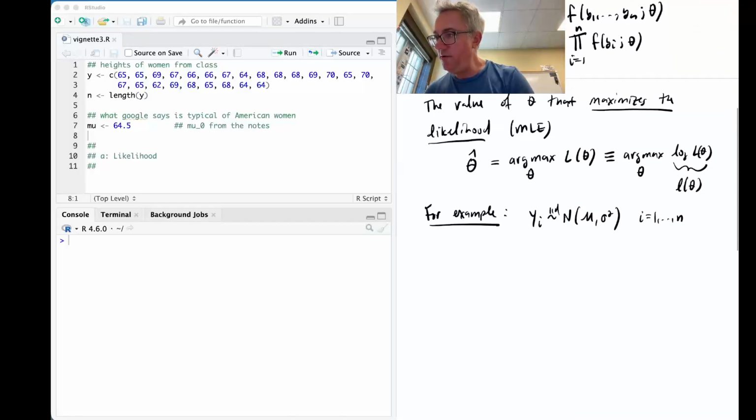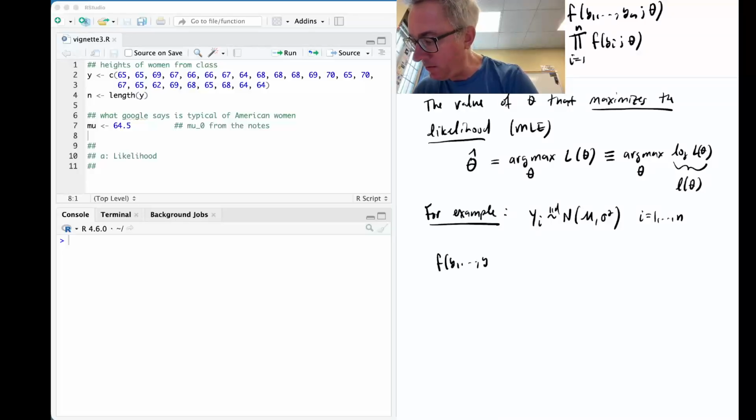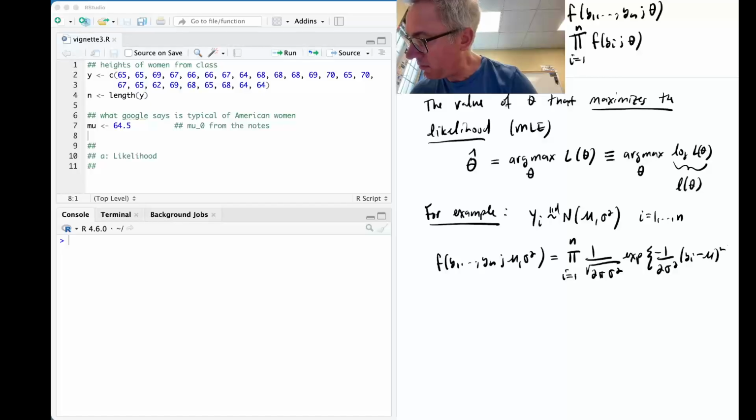We already know from last time that the joint density, given these parameters mu and sigma squared, is a product of these densities.